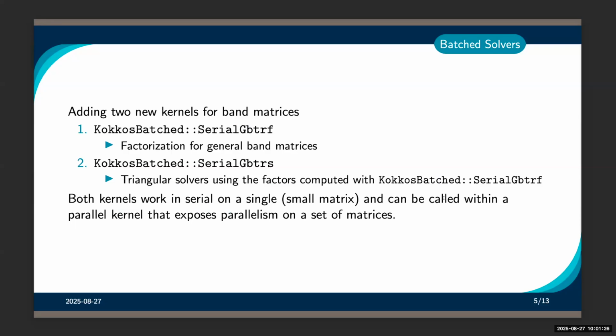And there is a sibling function, GBTRS, which, once you have the factorization from TRF, does a triangular solve on it. These two functions are serial implementations, so they're meant to be run on small matrices in general. But when you have a large batch of small matrices, then you can expose parallelism over the set of matrices, not internally inside the matrix.